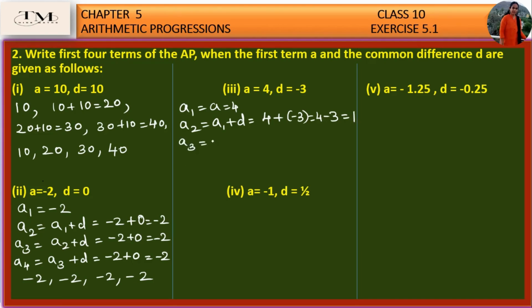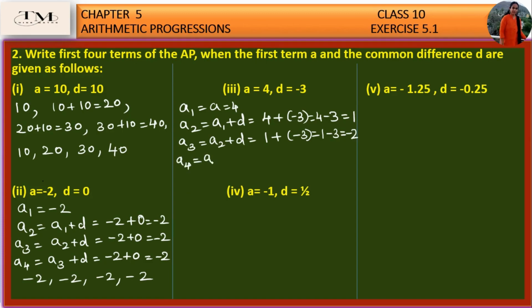A3 is equal to A2 plus D. A2 is 1, D is minus 3. Plus into minus is minus. So 1 minus 3. Here we have to subtract. 3 minus 1 is 2, but the negative sign appears for the bigger number, so we get the answer in negative. So it is minus 2.